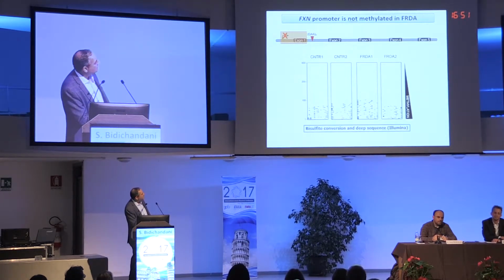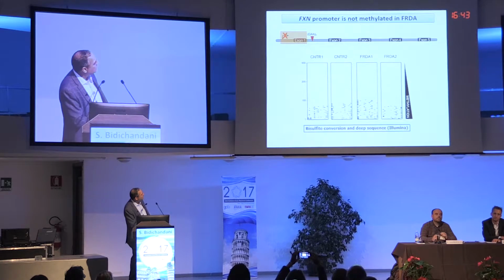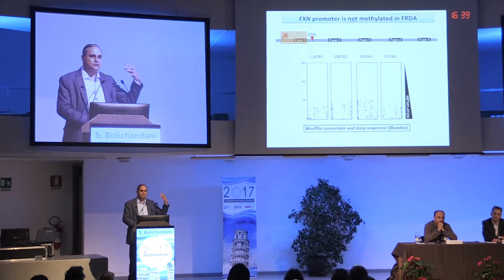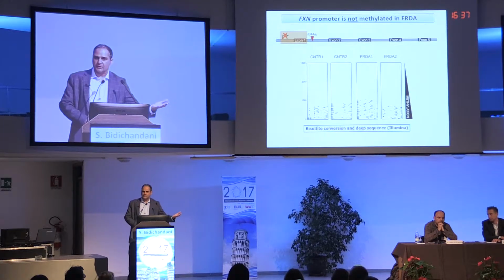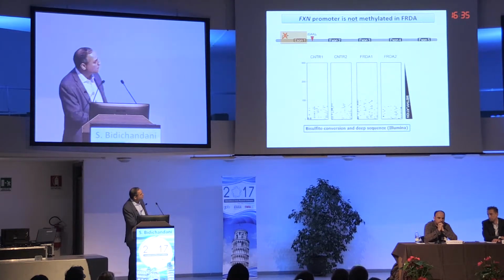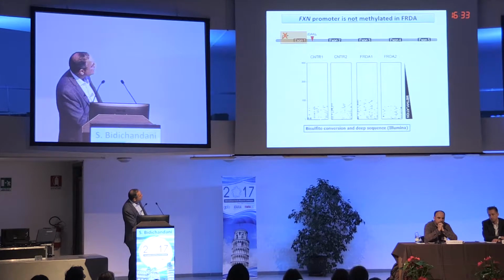We did bisulfite treatment and deep sequencing to look at the promoter sequence itself. What I'm showing you here is 300 molecules. You do deep sequencing, you get thousands of sequences, and you just pull out at random from this bucket. You're seeing 300 from this control and 300 from another control that have very little methylation.